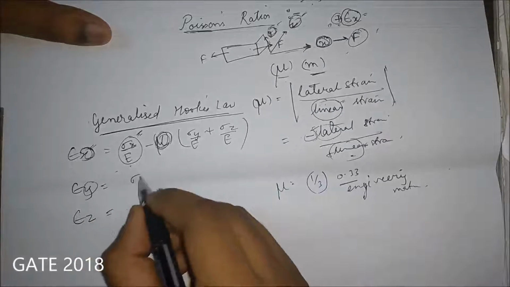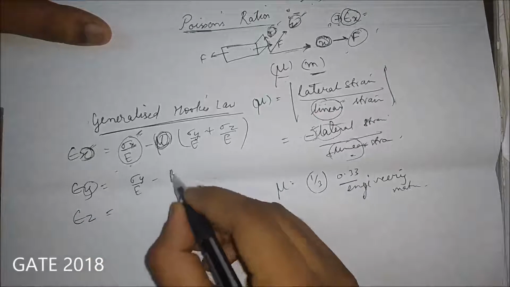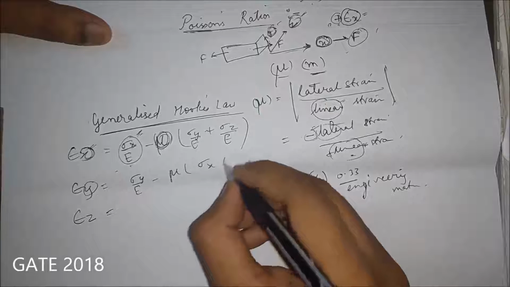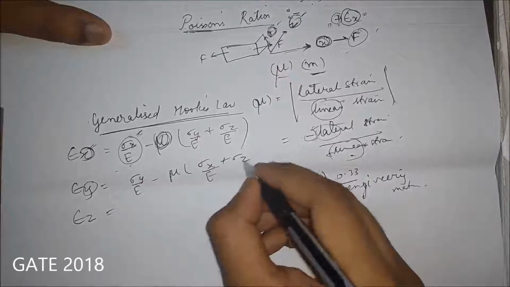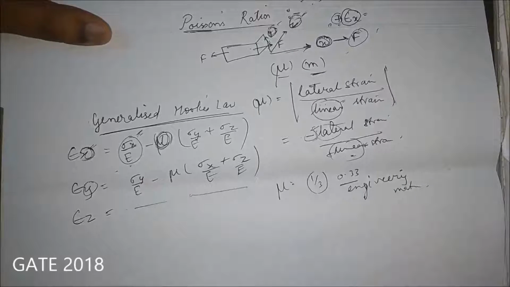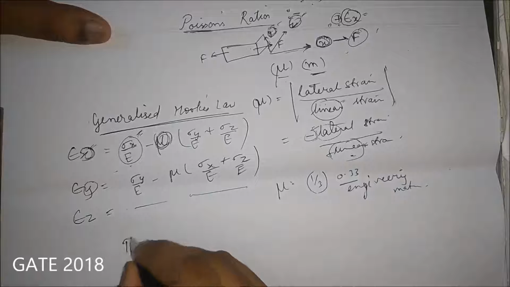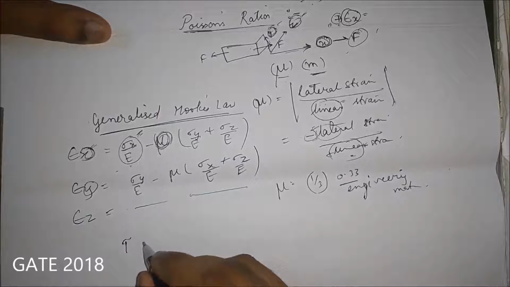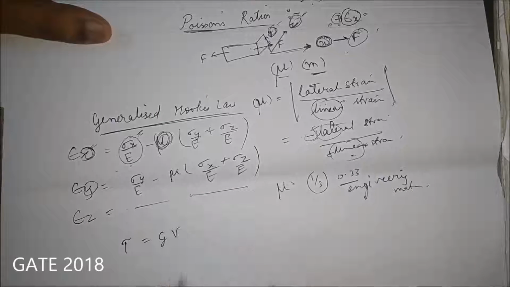Similarly, in y direction we are finding x, z. Similarly, you can write for z also. Okay, now I have already discussed one relation, tau is equal to G gamma.